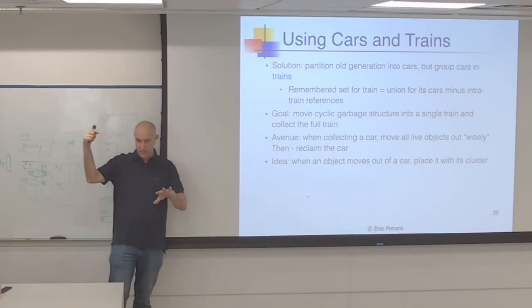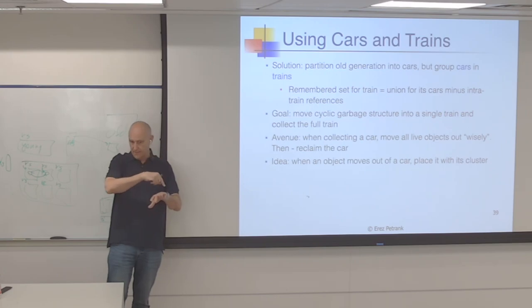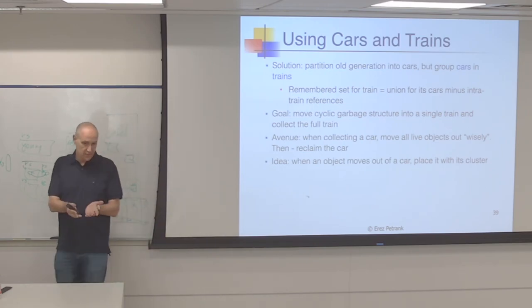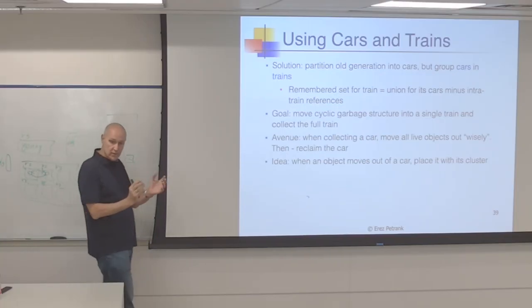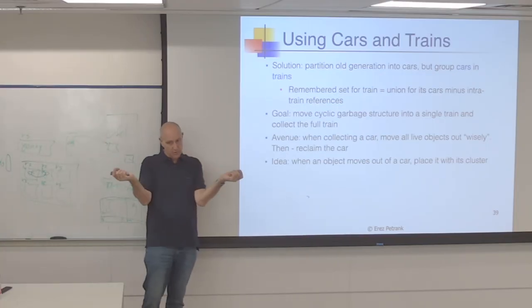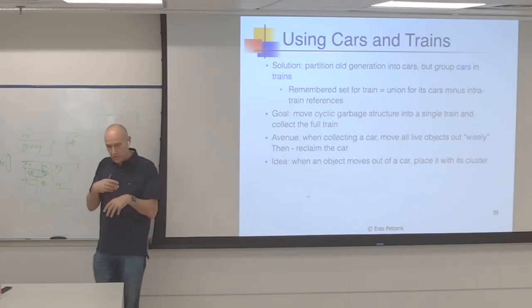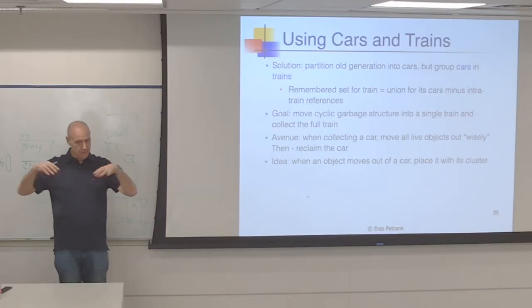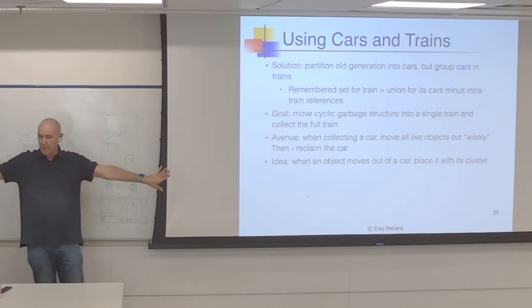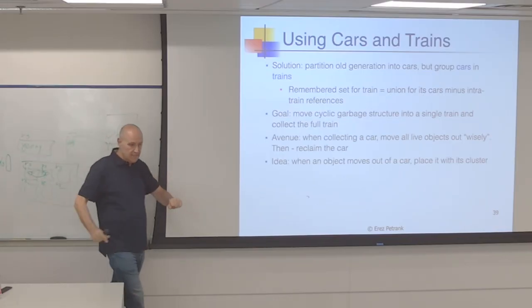I need there to be nothing pointing into the train, which I can check quickly. I don't have to go through all the cars. I can only look at a single car, but I can look at the remembered set. So each time I collect a car, I will first look whether for the entire train there's nothing pointing into it, and I will know that I can reclaim the entire train.